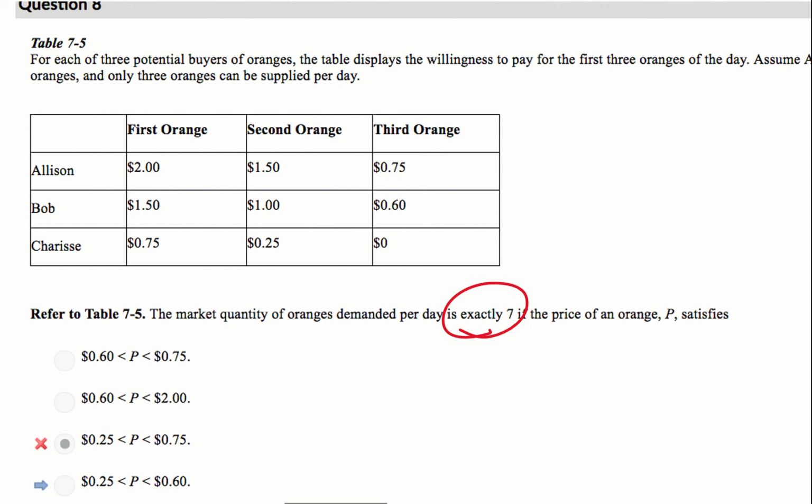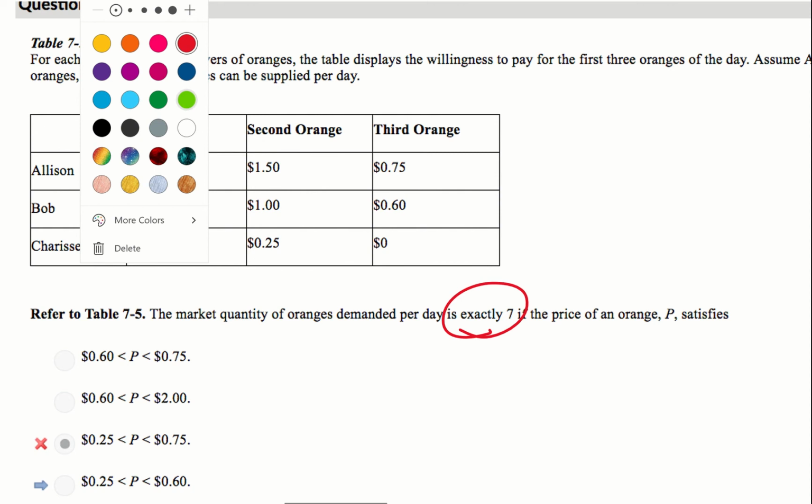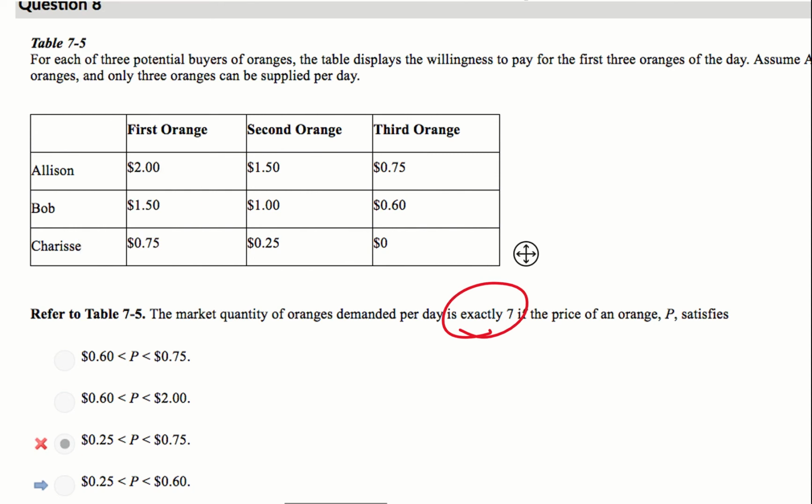We're going to see who will buy the first orange, who will buy the second orange, and who will buy the third orange. Let's suppose this orange market is going through an auction, like eBay, right? Every orange is bid on by different consumers.